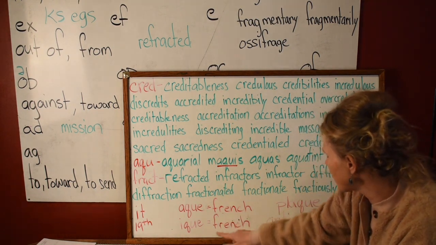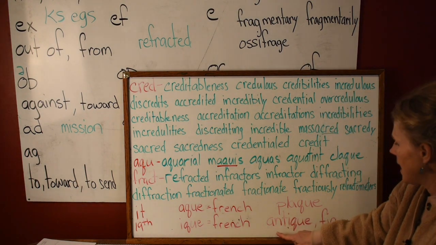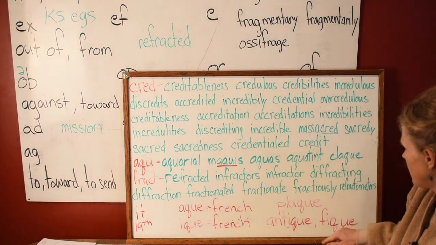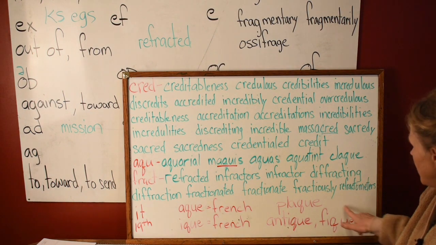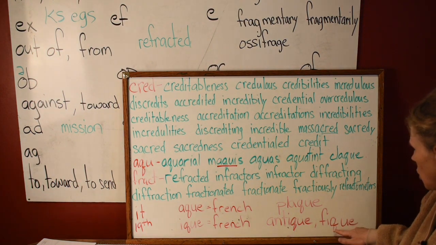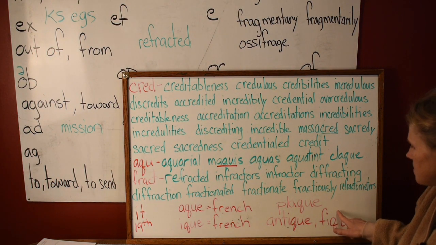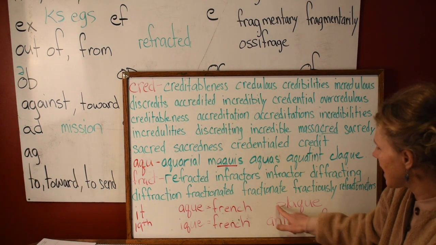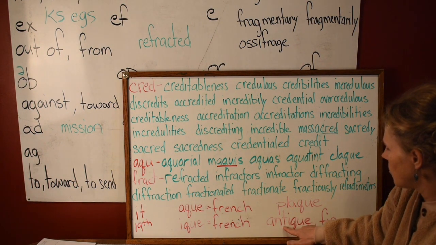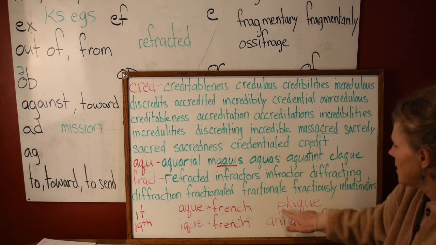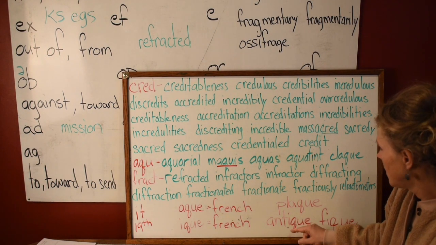So that is French, like examples, antique, feek. This right here is a closed syllable, 1-syllable word. And this is the accented syllable here. And then we have teak here, okay?